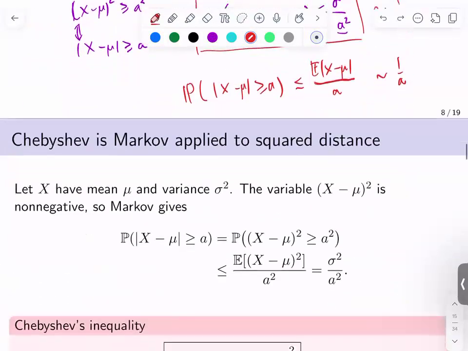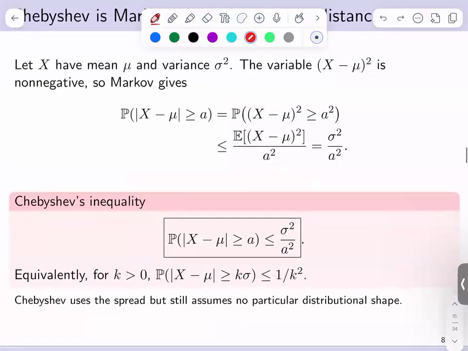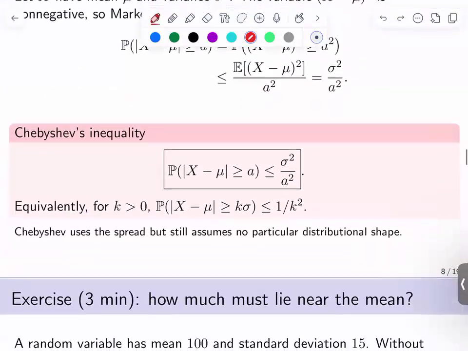So let's see what we have on the next slide. Right. So another way of writing this is you can apply it with k times sigma. If I apply it with k times sigma here, you get sigma squared divided by k squared sigma squared, and the sigma squares cancel, you get 1 over k squared. So this side is invariant to the variance.